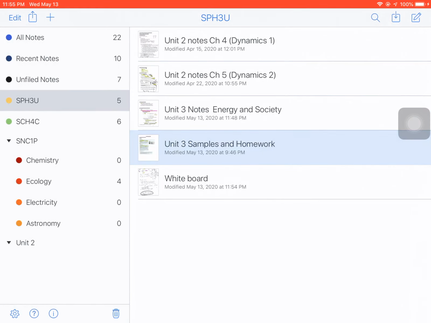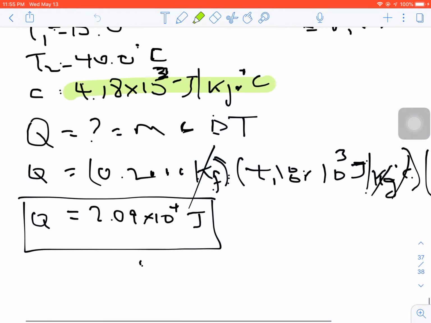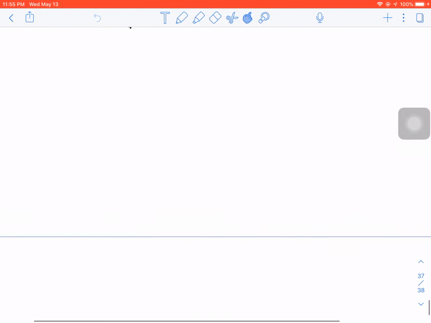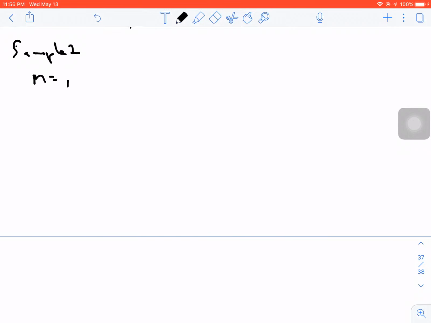Okay, so let's go back to our whiteboard and let's look at sample 2. If I write slower, it seems to work a bit better. So we've got an empty copper pot which has a mass of 1.2 kilograms.